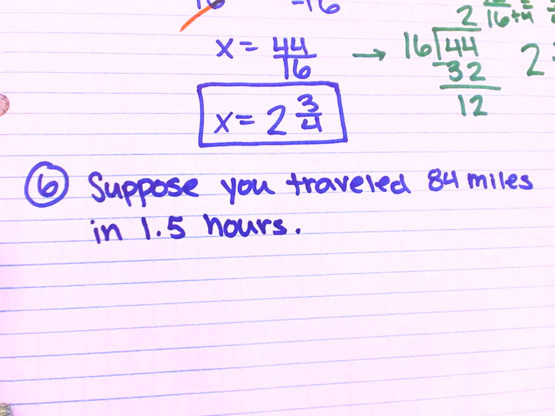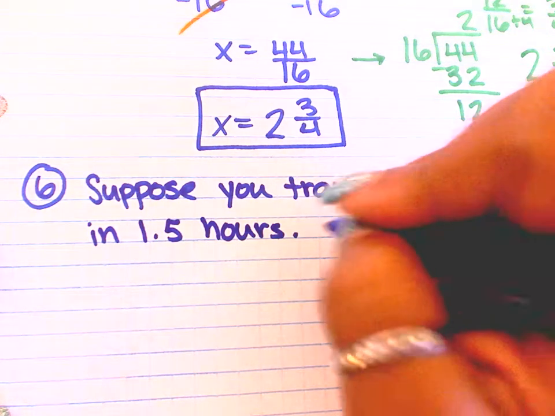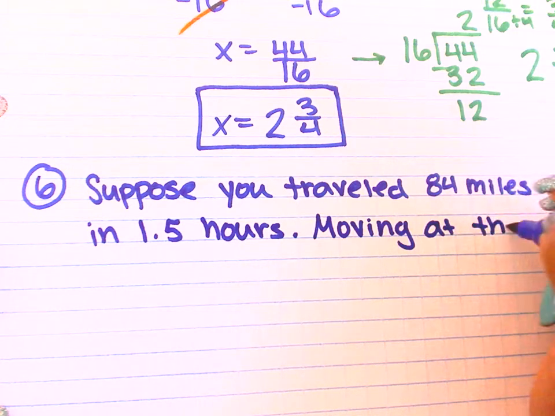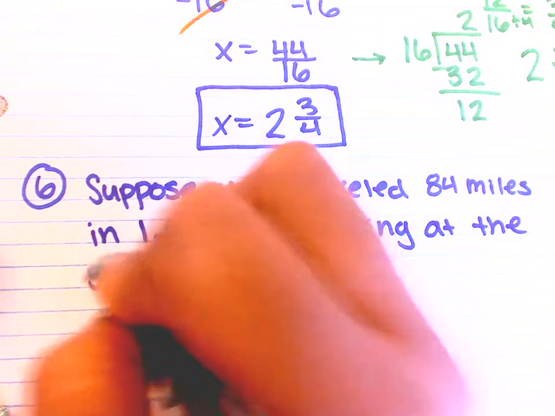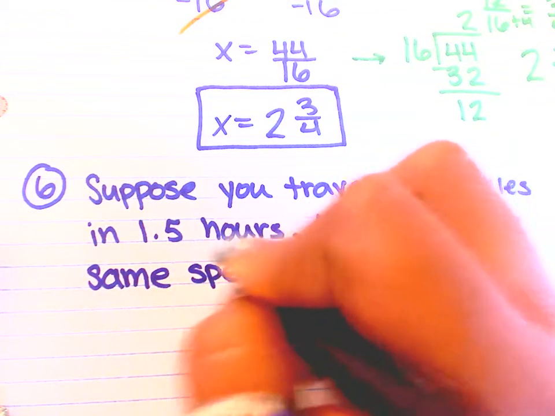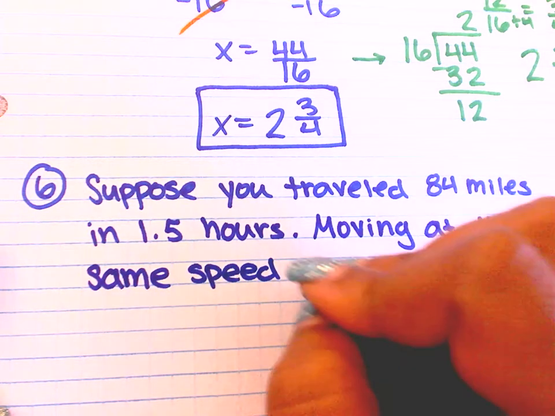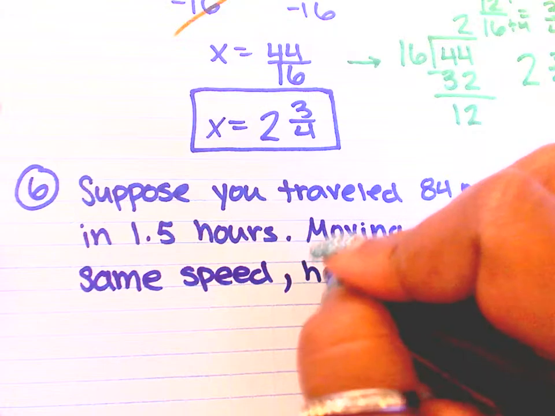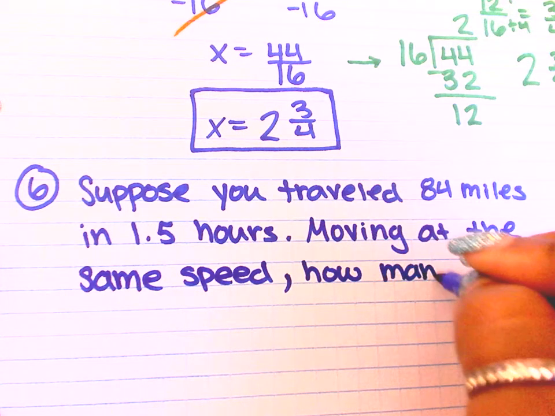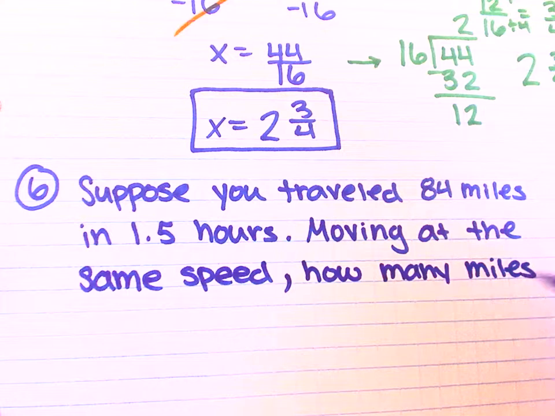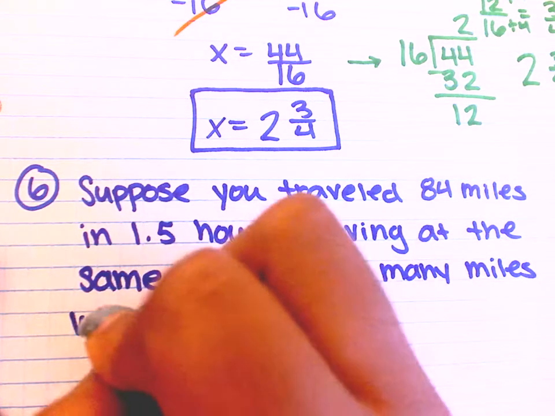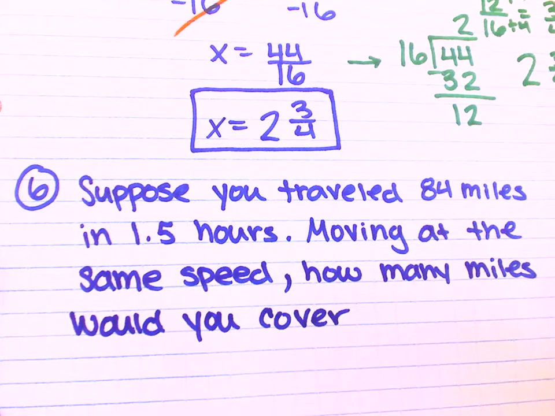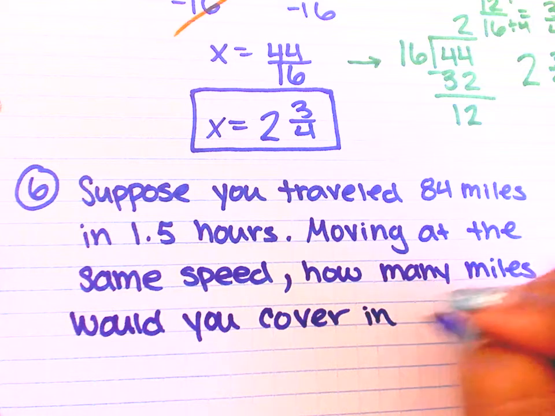Suppose you traveled 84 miles in 1.5 hours. Moving at the same speed, comma, how many miles would you cover in 3 1/4 hours?